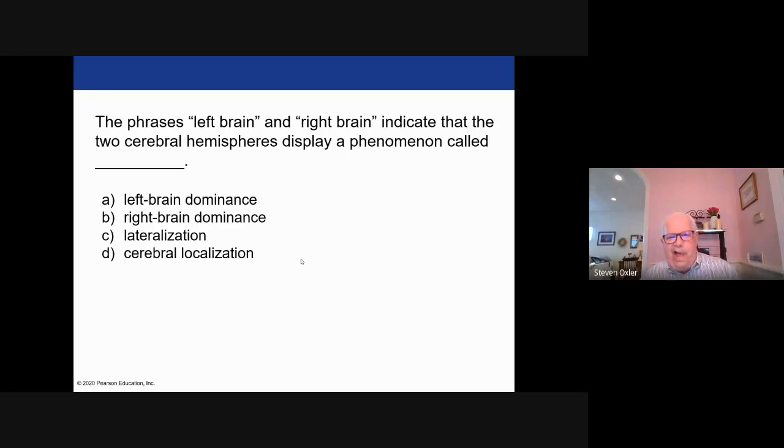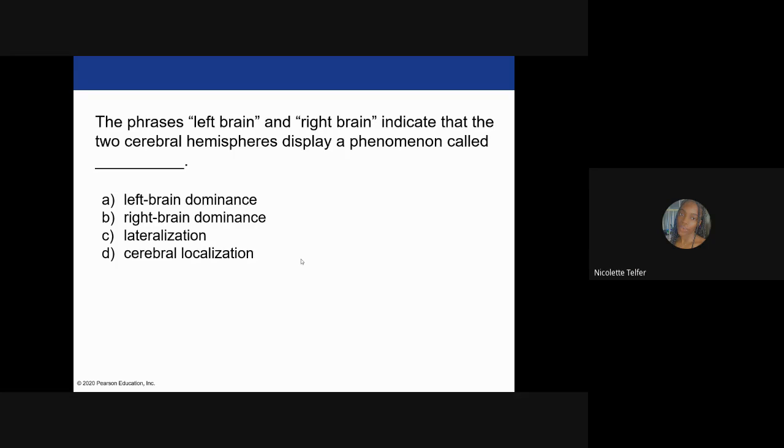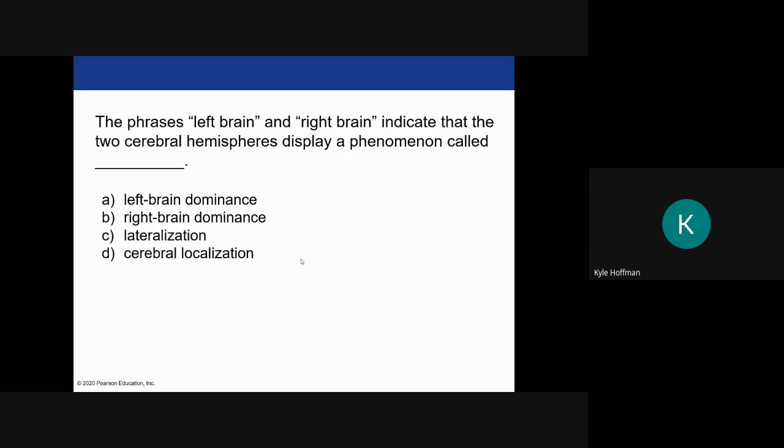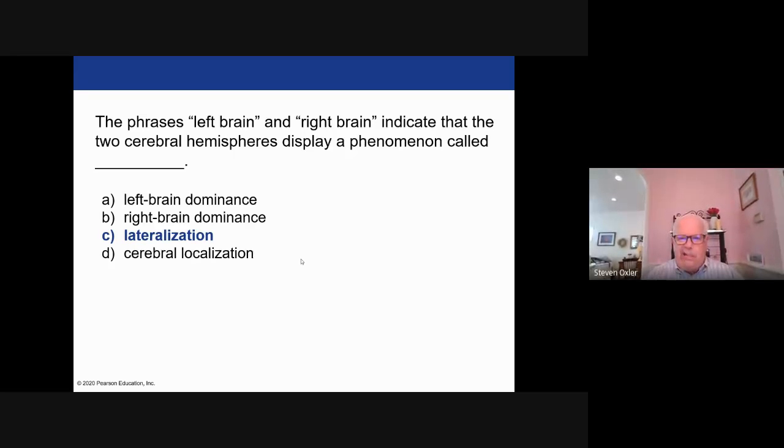The phrases left and right brain indicate that the two cerebral hemispheres display a phenomenon called... Is it D? No. Is it C? Lateralization. It's C. It's lateralization.